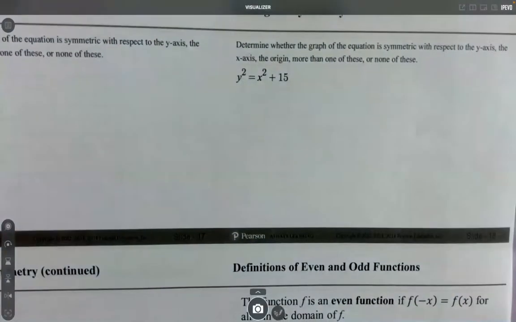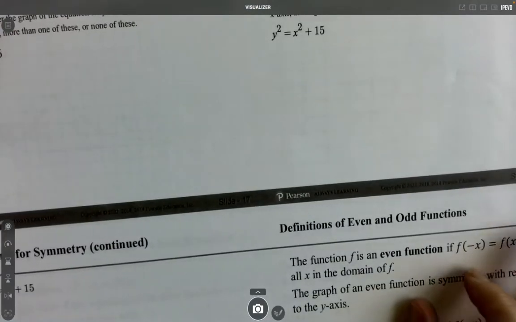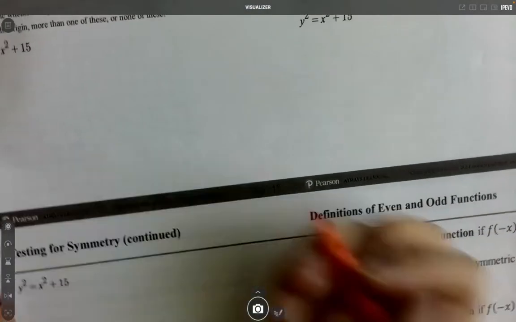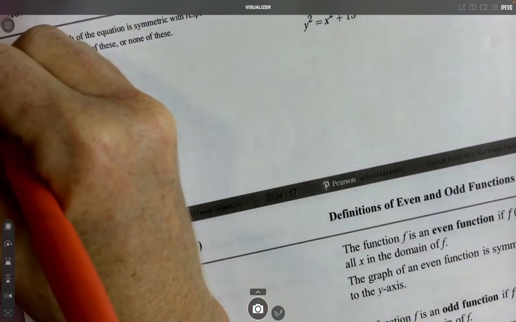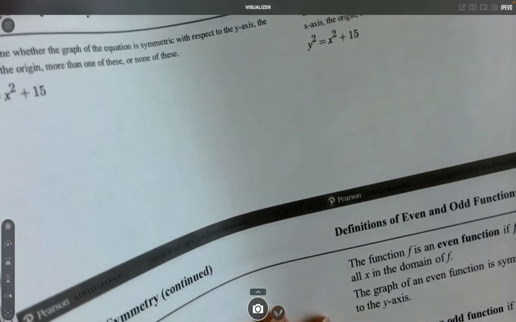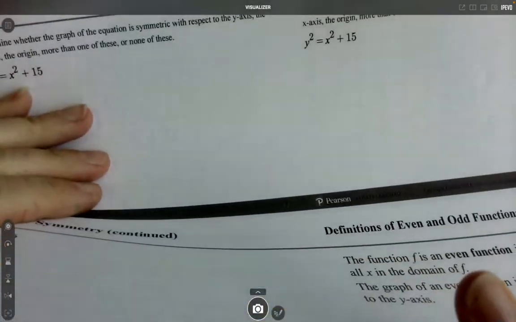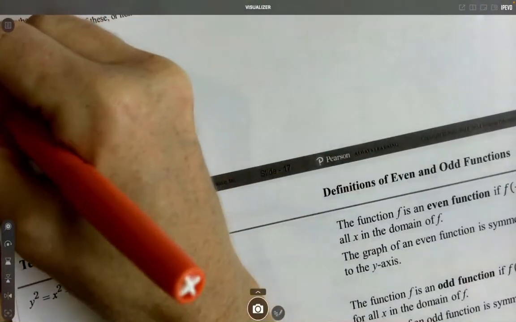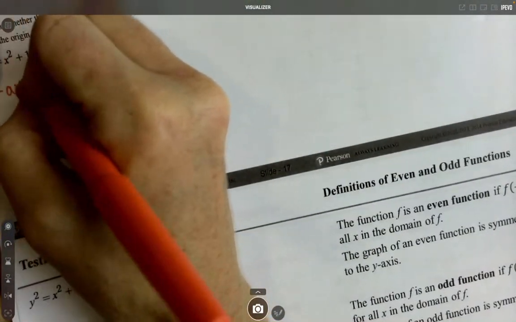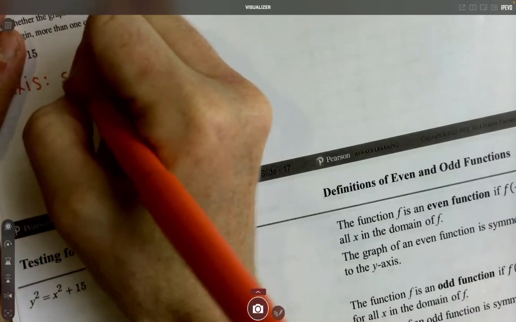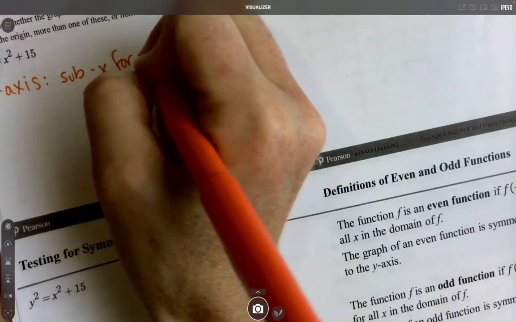All right, let's go to the next one. Determine whether it's symmetrical. So let's go ahead and look. So we'll do the, what was the first one? I need to look back at my notes. So it's x-axis, right? No, it's y-axis. Y-axis. I'm going to sub negative x for x.